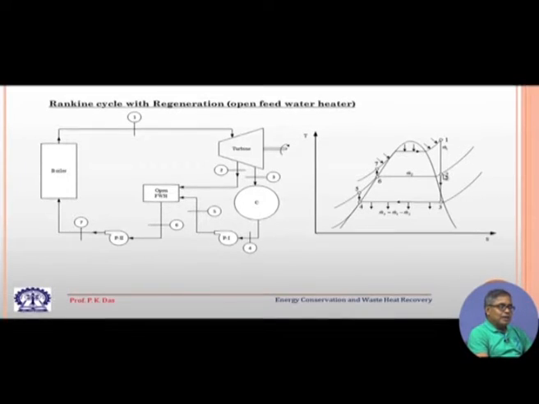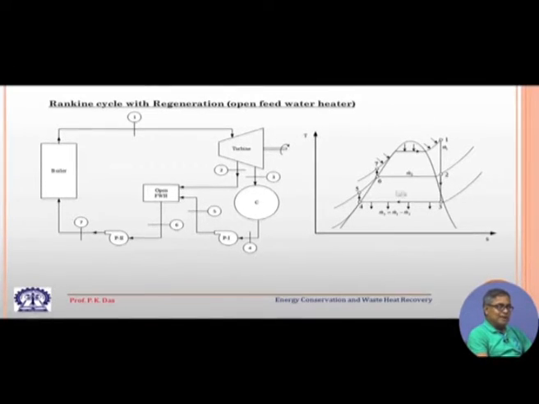Steam with enthalpy at point 2 is entering the open feed water heater, condensate with enthalpy at point 5 is entering, and from the feed water heater, liquid water at saturated liquid condition, at condition 6, is going out.